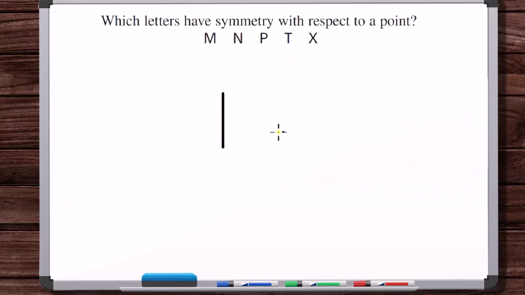So, okay, let's start with M. Now, what is point symmetry? What is the symmetry of a figure with respect to a point? What does that mean? Well, all of these symmetries with respect to points, lines, planes have the same fundamental definition in that every single point on the figure is going to have a corresponding point on the figure with respect to that line or that point or that plane.